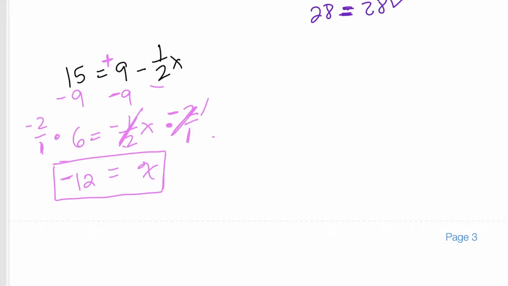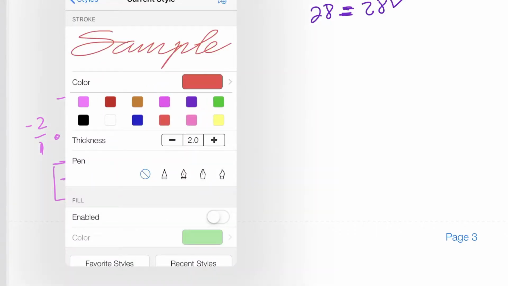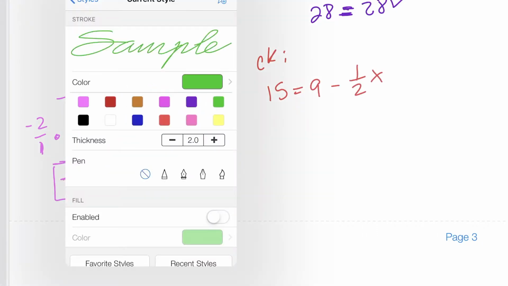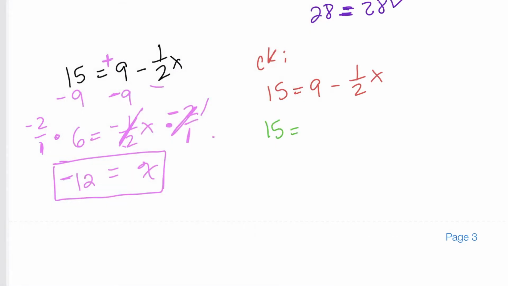Let's check it and see if that makes sense, especially because it's kind of weird. So we're going to check. 15 is equal to 9 minus 1/2 x. So 15 is equal to 9 minus 1/2 times negative 12.